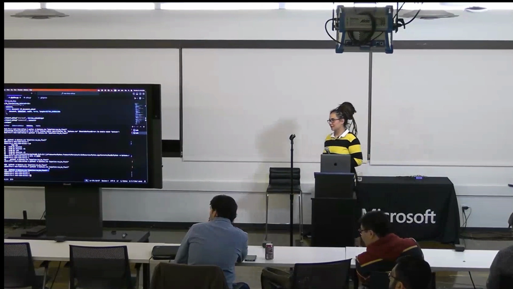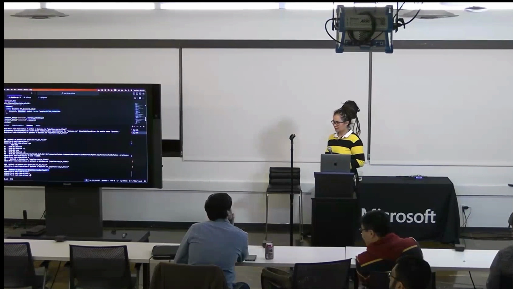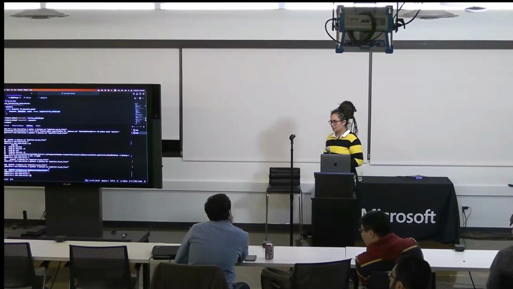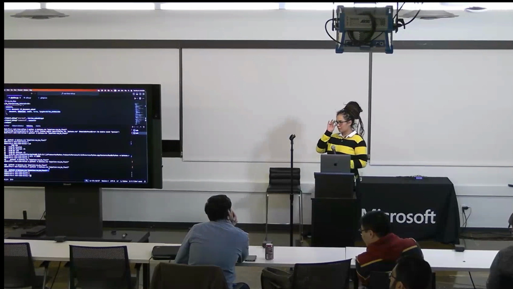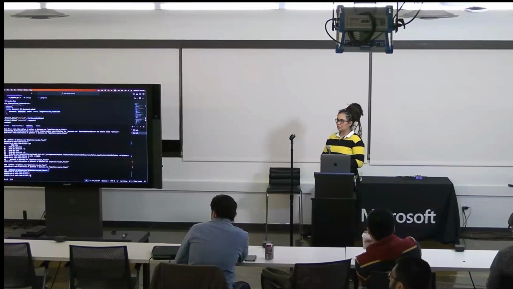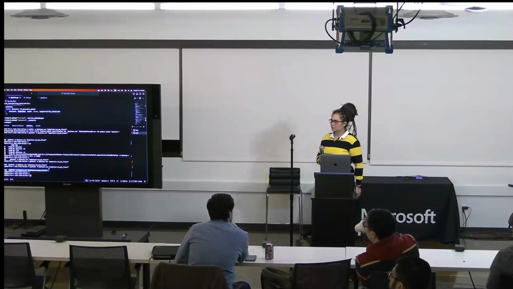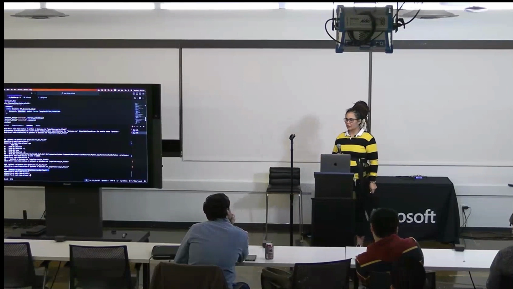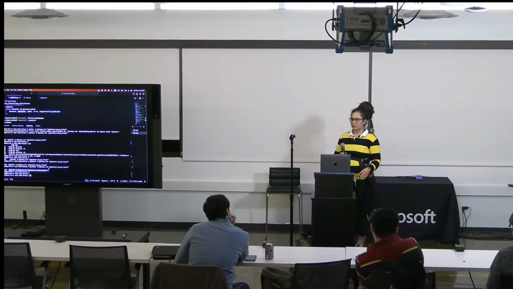About the distributed question: when your Bytewax script is running in a distributed environment, is the script just being replicated across the different environments? Well, it depends on how you run it. I ran just the local-ish version.